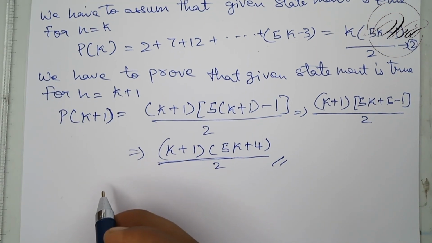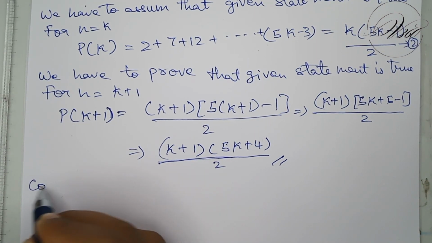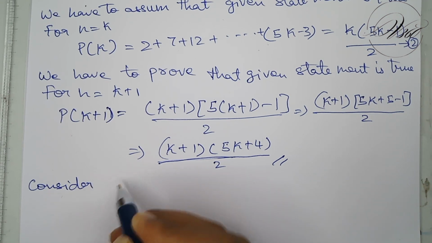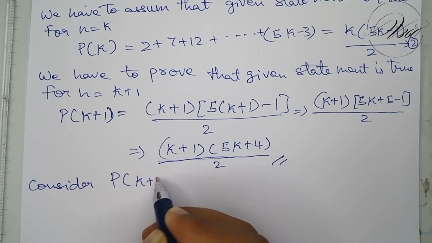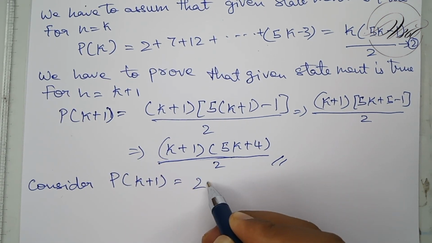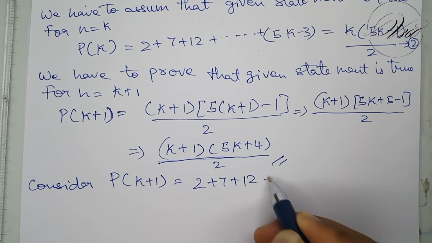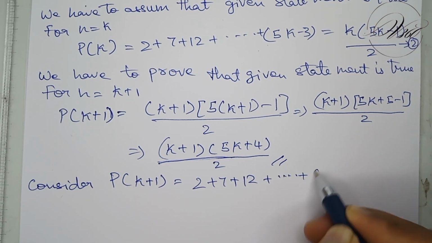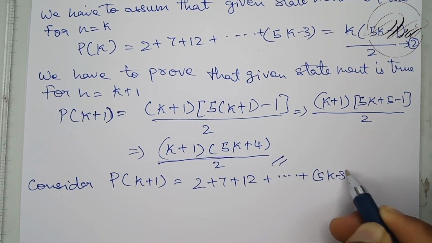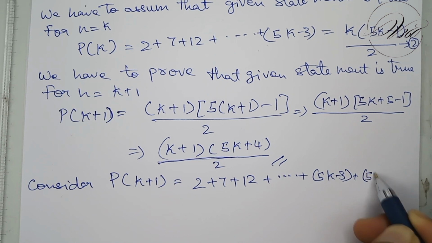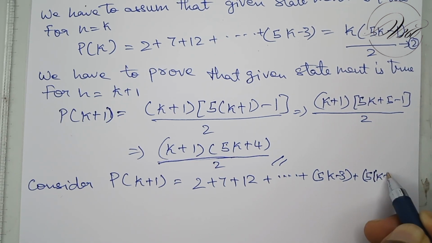Now we will consider P(k plus 1) is equal to 2 plus 7 plus 12 plus up to 5k minus 3 plus 5(k plus 1) minus 3.